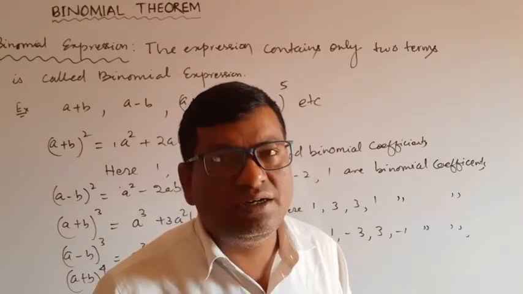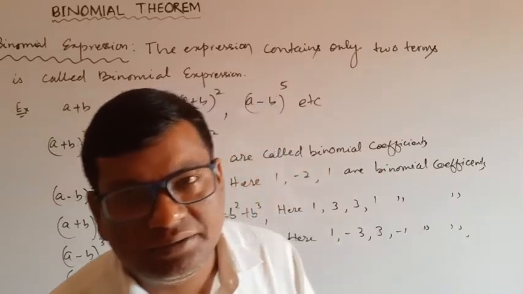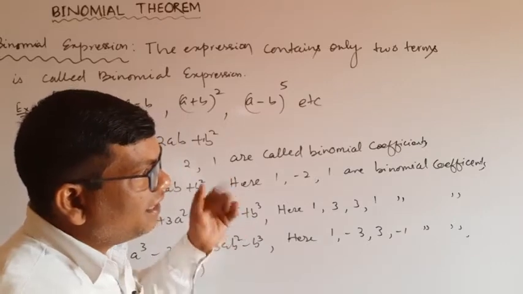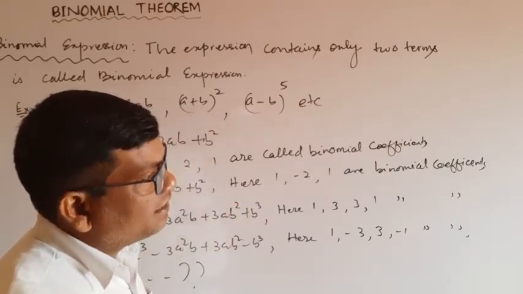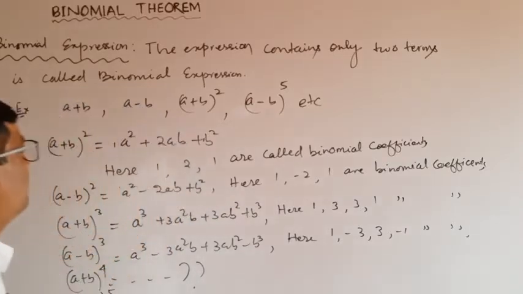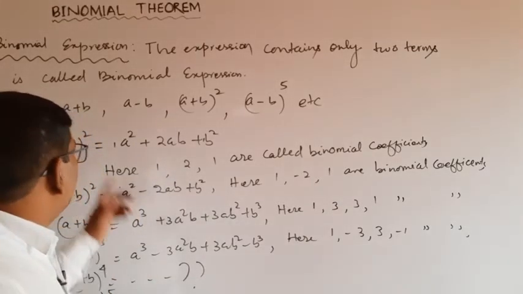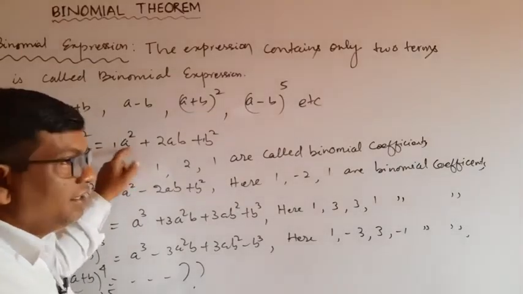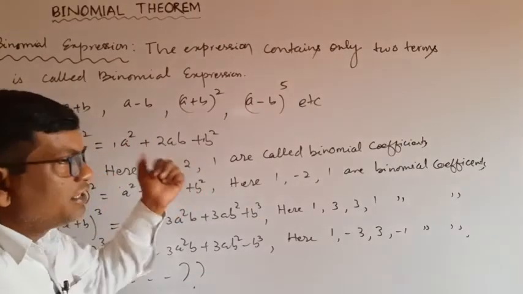That method is called the Pascal triangle method. One thing to observe here: the power of a starts from a, then decreases by 1, and the power of b increases by 1 gradually.